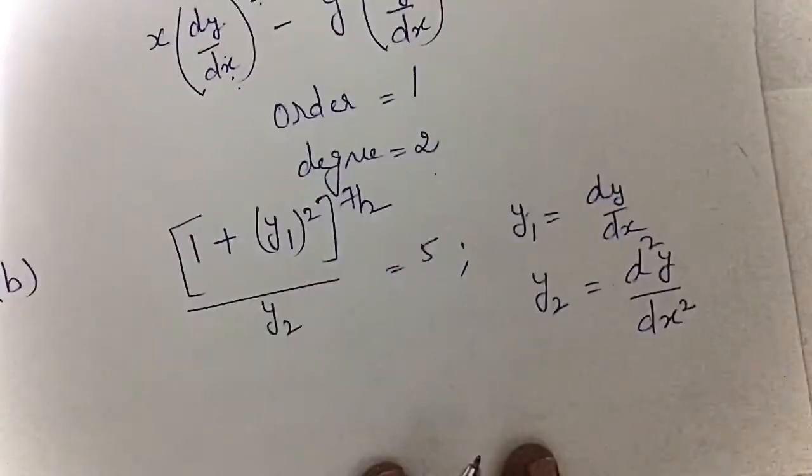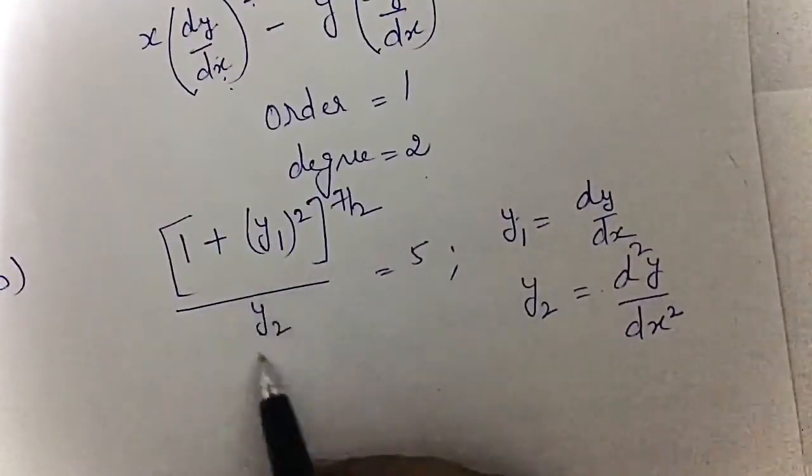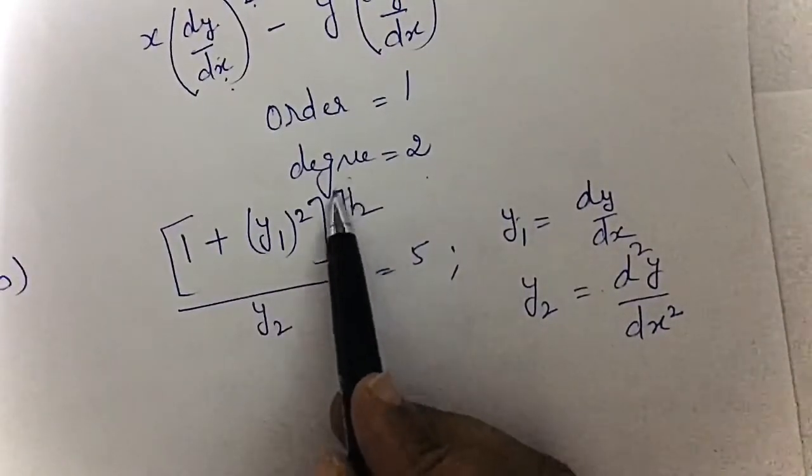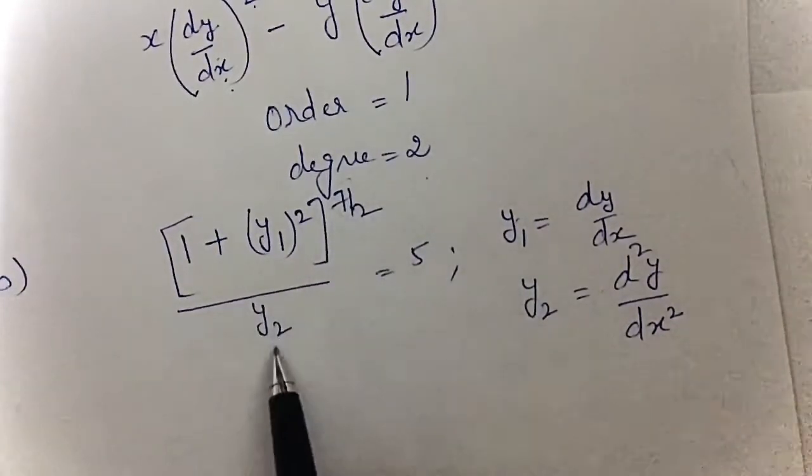Clear? Now we have to remove the fractions and the radicals. This is called radicals. Clear? And this is called fraction.